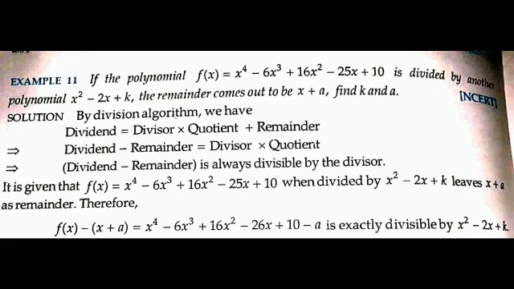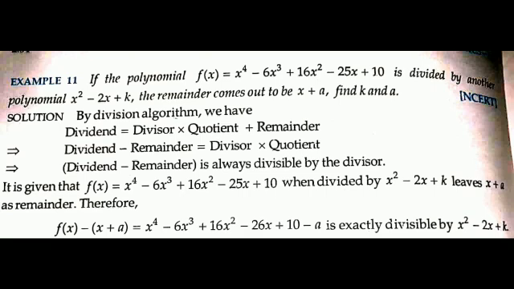So now for its solution, before we move directly, we must know from the division algorithm that dividend is equal to divisor into quotient plus remainder, which can also be written as dividend minus remainder is equal to divisor into quotient.